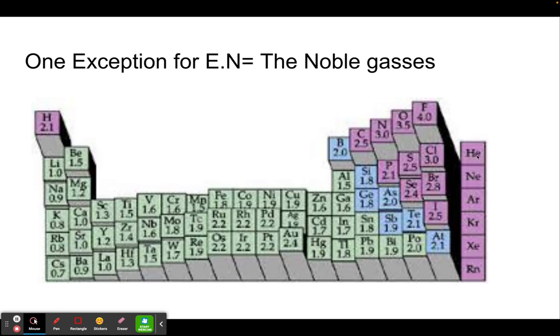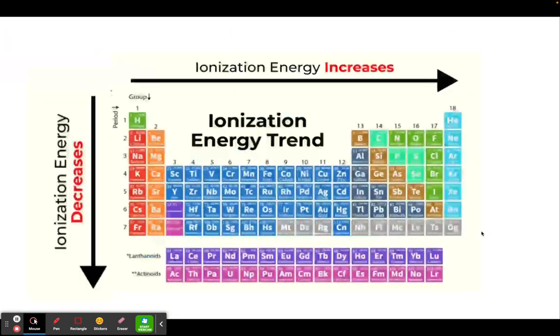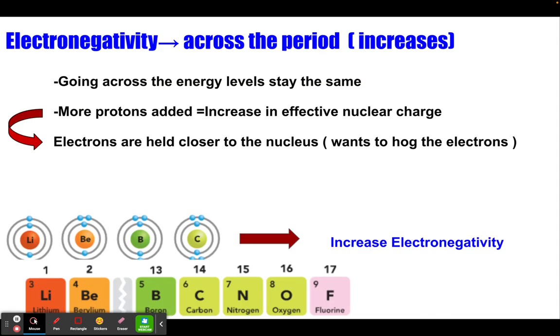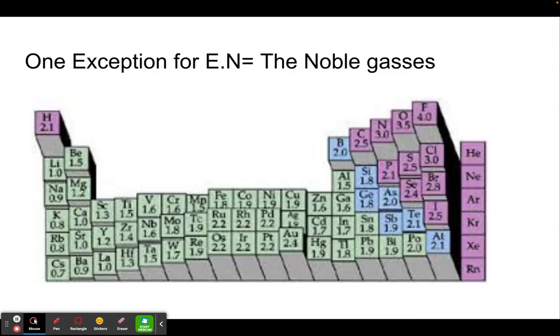These do not want to pull electrons towards them. Why? Well, they already have 8 valence electrons. They are happy, it's stable, there's no need to take or remove. So they are not electronegative, they do not follow the trend. They do follow the trend for ionization energy, but they do not follow the trend for electronegativity.